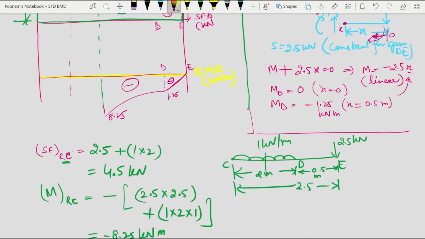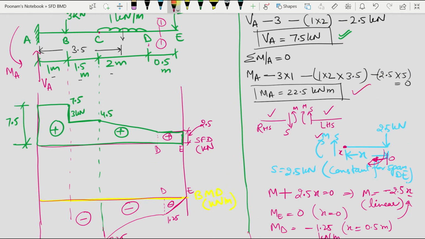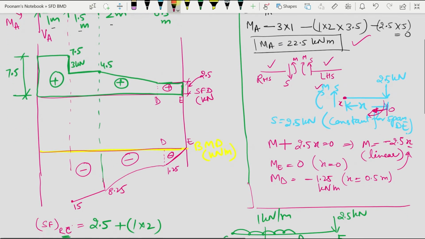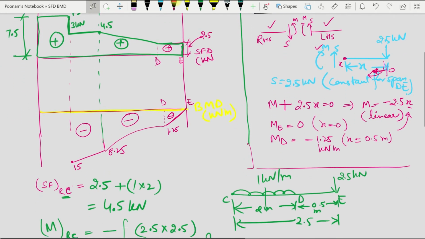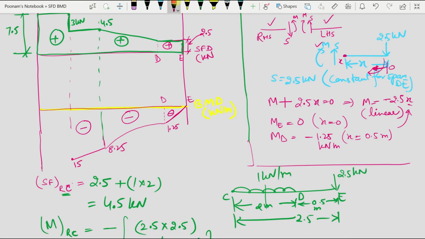Now I can plot this here. It should be a linear variation. So this point will be minus 15, and here at the fixed end, my moment will be 22.5 only. Here also the variation will be linear and it will be 22.5, which is also equal to the support reaction, 22.5 kilonewton meter.